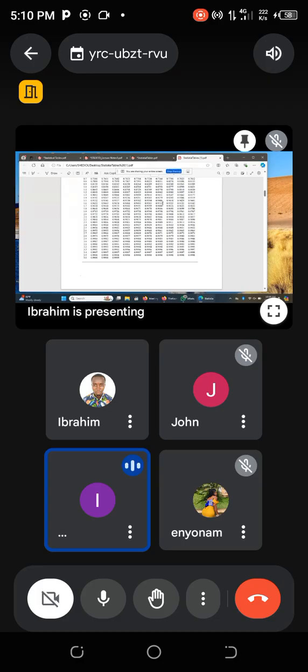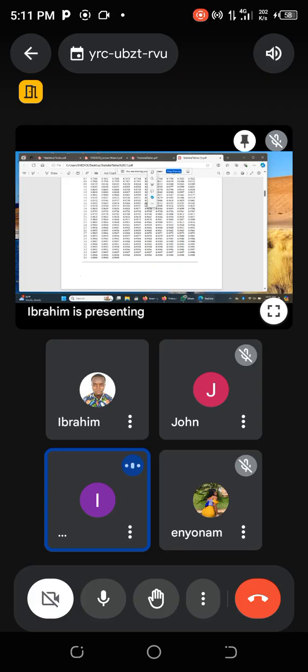But here we have 0.95. This one is 0.9505. This one is not up to 0.95, but the next one is 0.95. So we can select that one because that is the closest.